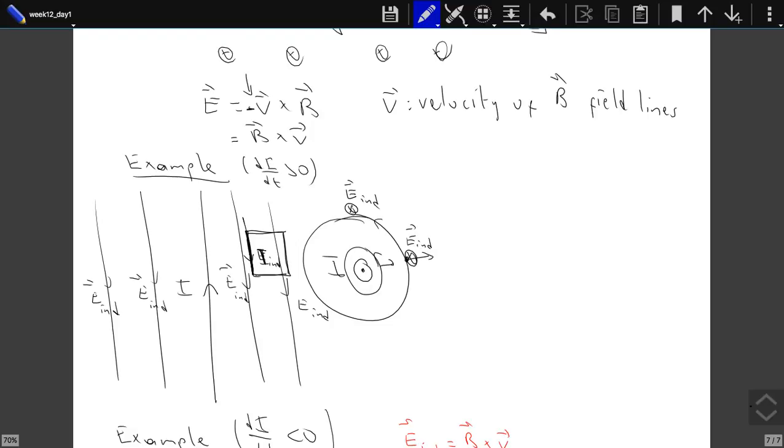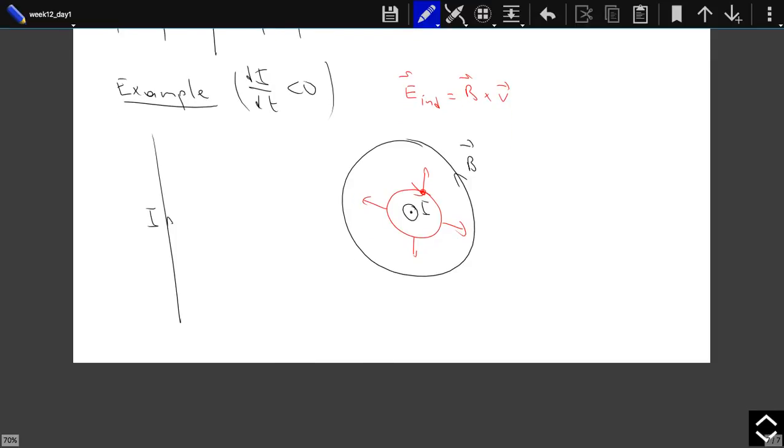No, it's B cross V. So B is towards the right, B cross V is out of the screen. Yes. This is the direction of the induced electric field in this case. So we have the induced current running upward.